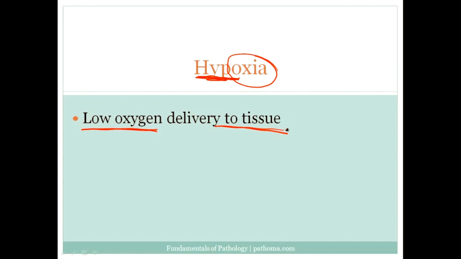That accepting of electrons by oxygen allows for the generation of ATP, and so low oxygen is going to impair oxidative phosphorylation, leading to low ATP. And low ATP, which is an essential energy source, will lead to injury. So why don't we just summarize it by saying low oxygen, low ATP, cellular injury. And that's why hypoxia causes cellular injury.